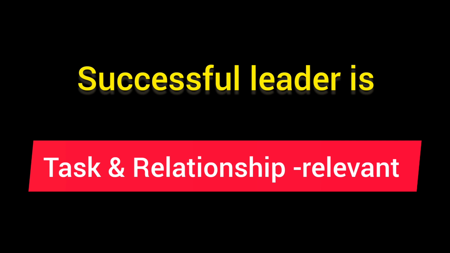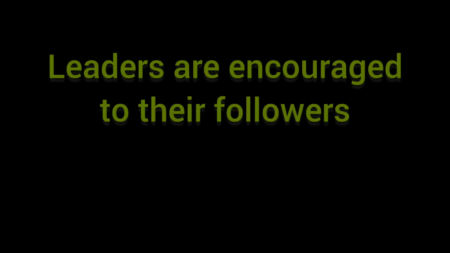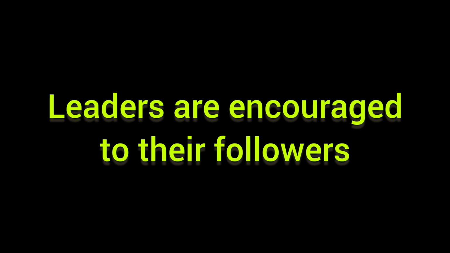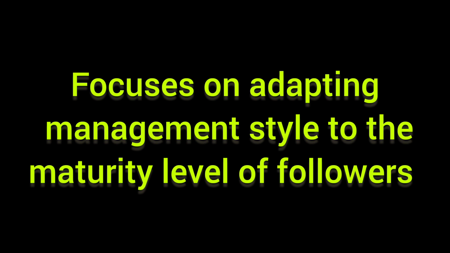The next thing is successful leadership is an adaptive, flexible style in which leaders are encouraged to consider their followers. It focuses on adapting management style or leadership style to the maturity level of the employees.